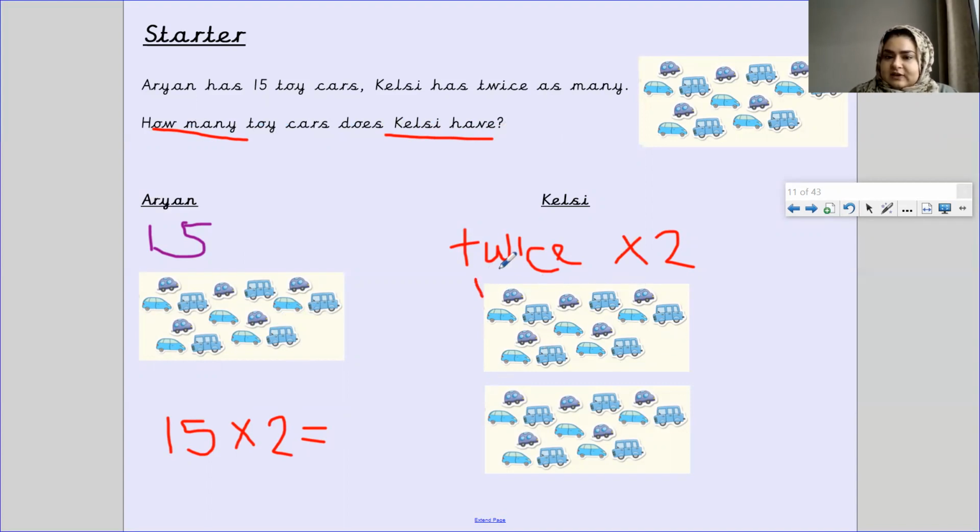So now what do you think 15 times 2 is? Let's work it out. We can count in twos 15 times. Let's do that together. 2, 4, 6, 8, 10, 12, 14, 16, 18, 20, 22, 24, 26, 28, 30. So Kelsey has 30 cars. Fantastic.